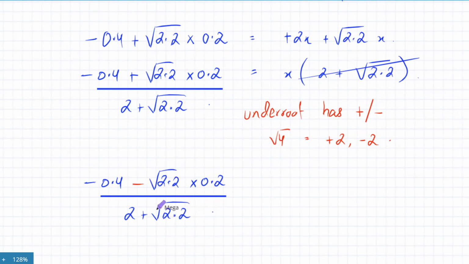And the same thing over here, instead of this being plus, this could actually be minus as well. So you're going to get two values of x. So I'm going to call this one x2 and I'm going to call this one as x1. So you got to be careful about this. Is this clear?